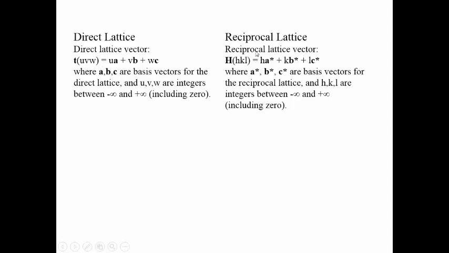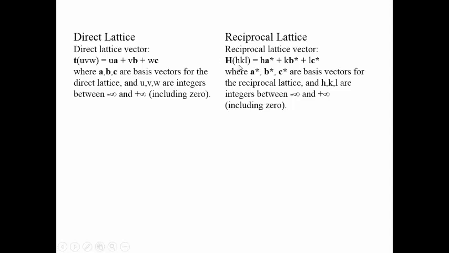Now on the other side, you start out with the reciprocal lattice, you're going to start out with A star, B star, and C star. They're vectors. You can add them together and form a lattice. The coefficients of the lattice, by tradition in the International Tables, are called H, K, and L. We're going to see why a little bit later. And the vector is called capital H.